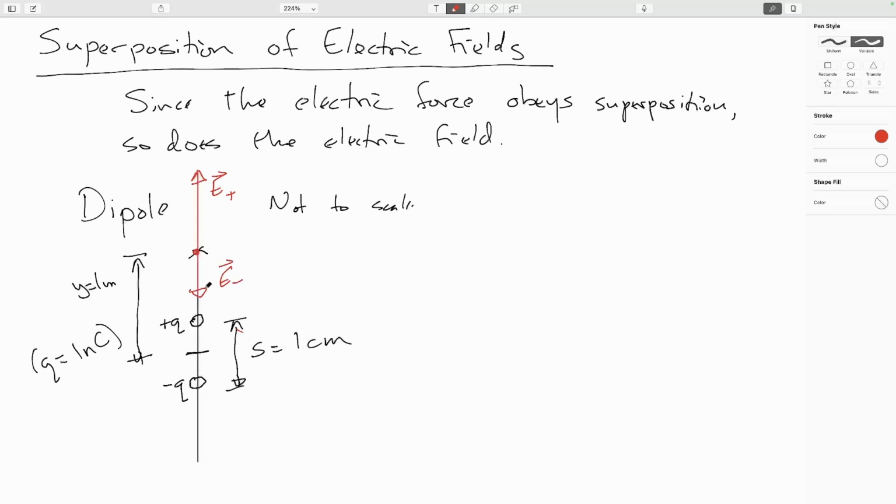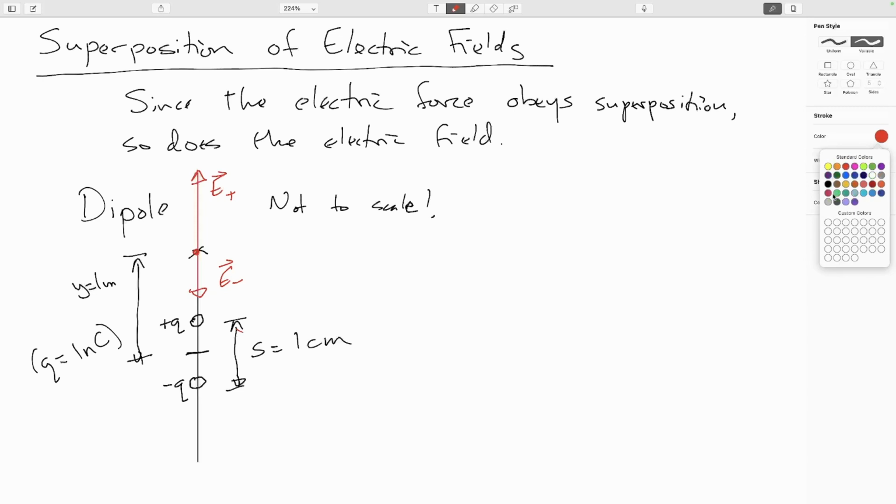This is because this point is slightly further away from here than here. It looks a lot further away because of how I drew it, but again, remember that this drawing is not to scale. This point here is about 100 dipole separations away from here. Okay, so anyway, we can go ahead and add the vectors up.